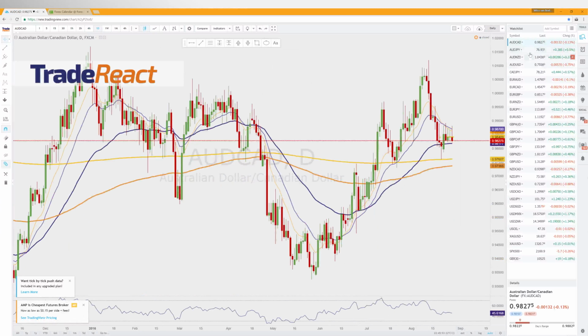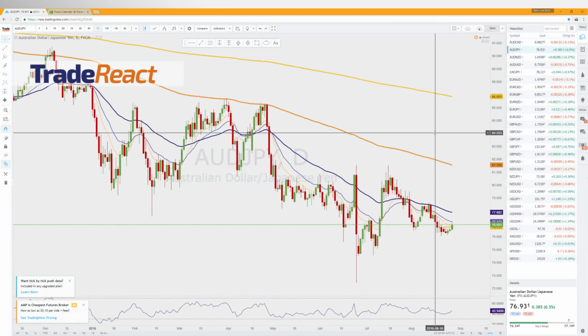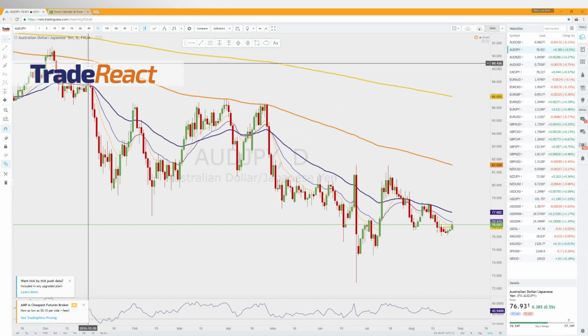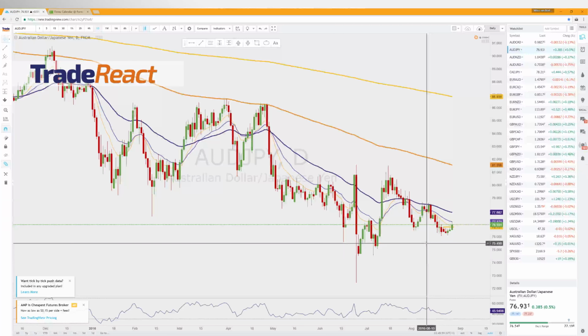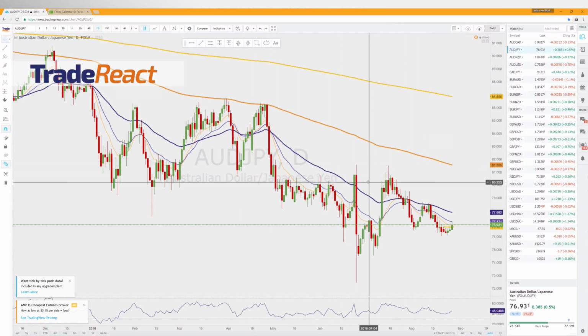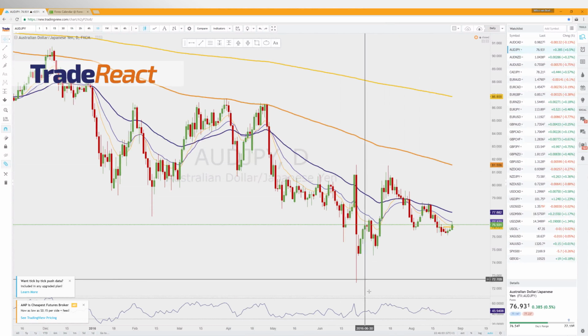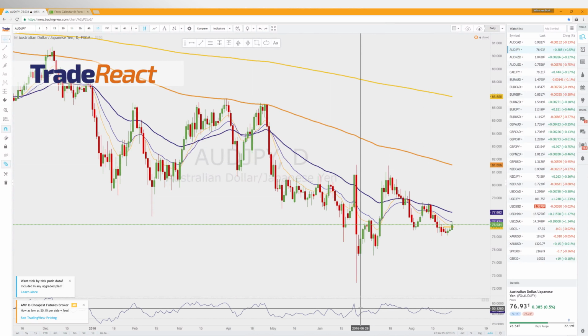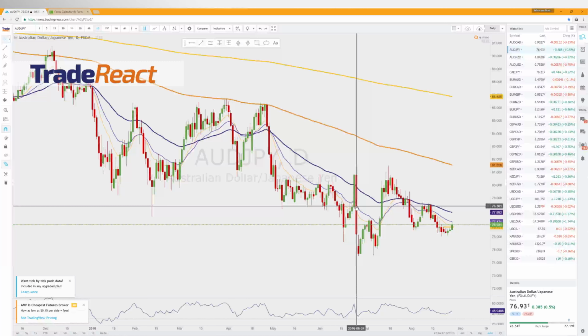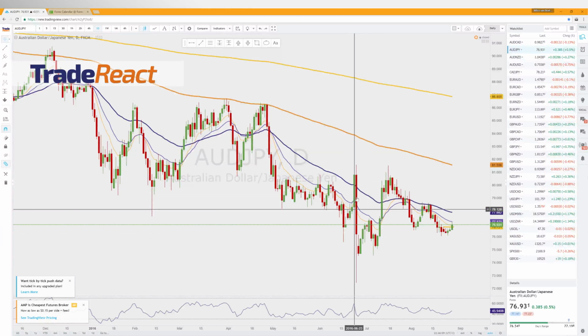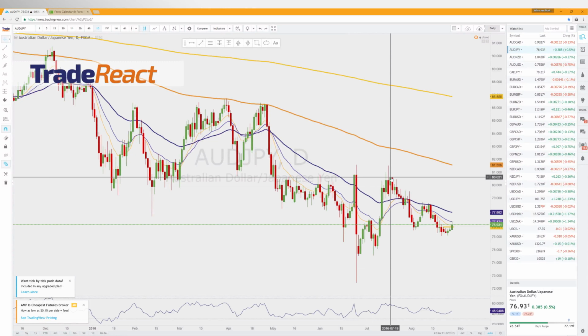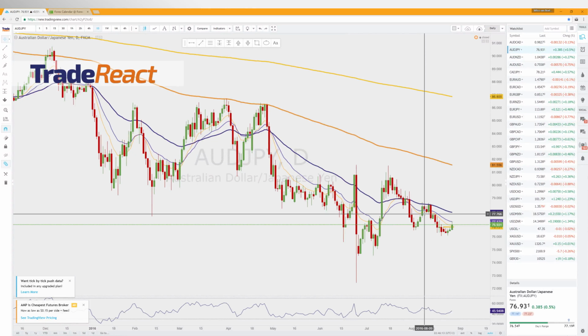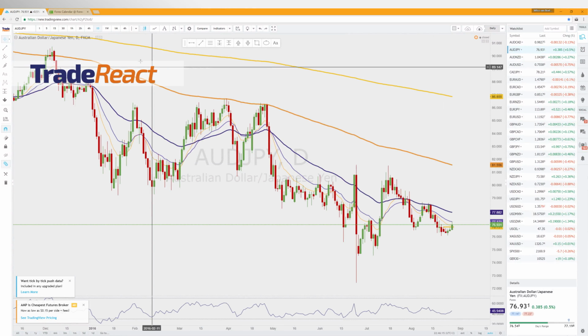Next up, Aussie Yen. We've been moving lower. Lately we had here in July some spike down, retracement up. Price a bit consolidating here.